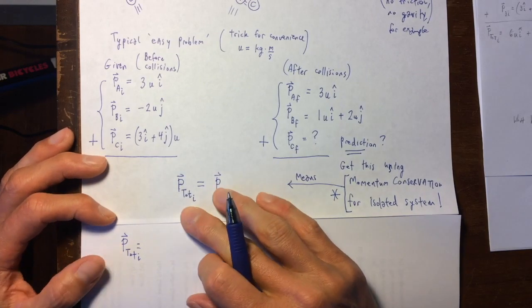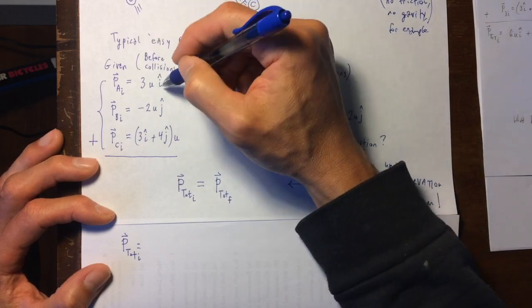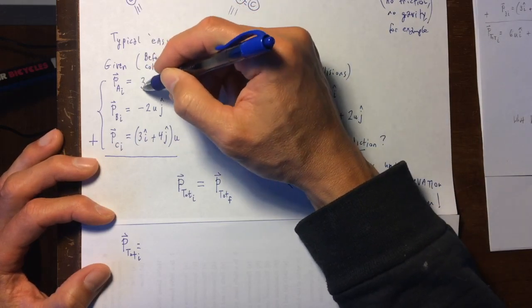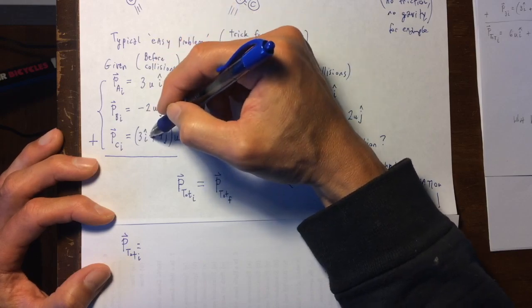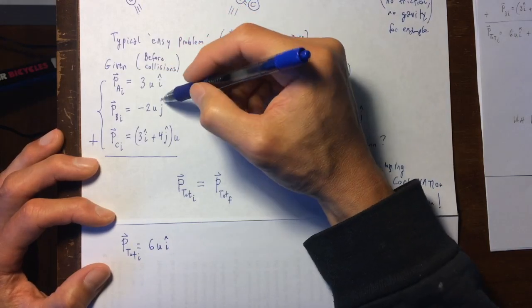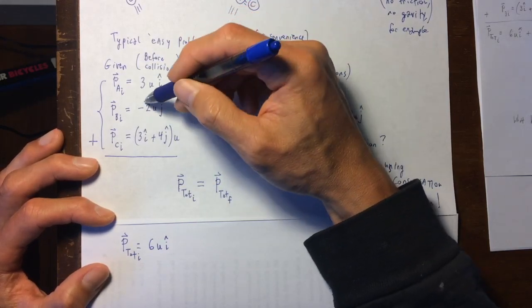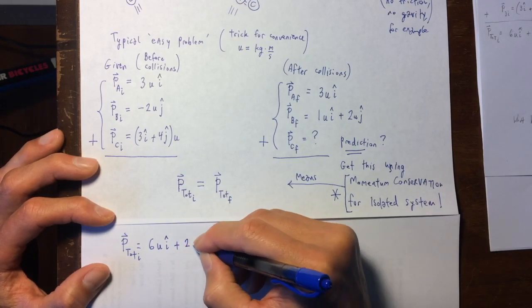Be really careful, but when you add these things up, you have to add the i hat direction, the x directions, together. So here's 3 and 3 more. And then add the j hat. So I've got -2 and 4 more is a net of +2.